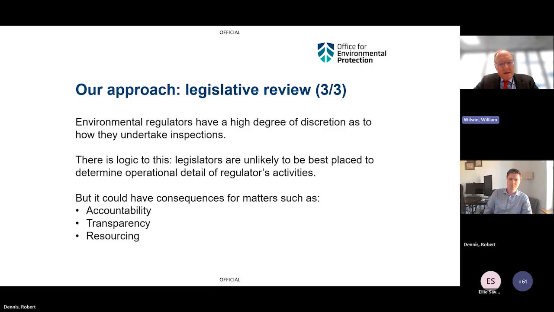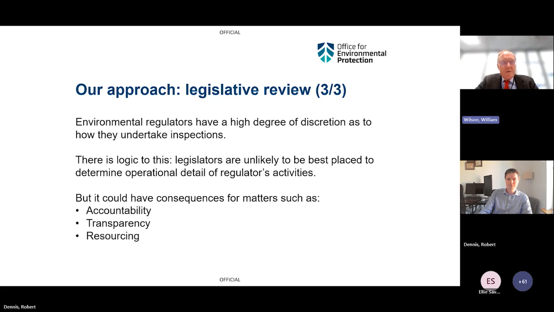And to some extent, there's a logic to that, because regulators are likely to be the ones who have most information about the regulated entities' operations and are best placed to assess how to go about it. But that does have implications for matters such as accountability, transparency, and resourcing. And we'll come on to that in the recommendations that Rob's going to deal with.